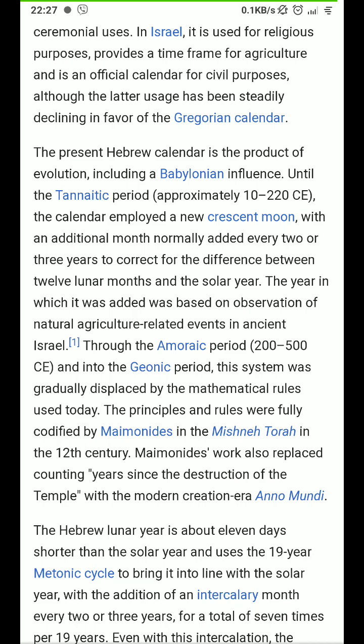implemented some of the things from the Babylonian calendar. And they say the calendar employed a new crescent moon with an additional month, normally added every 2 or 3 years to correct for the difference between 12 lunar months and the solar year.